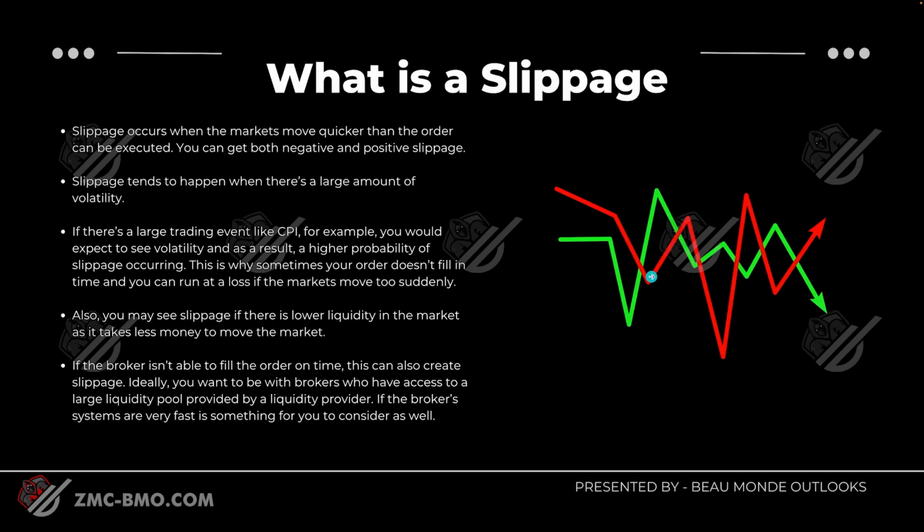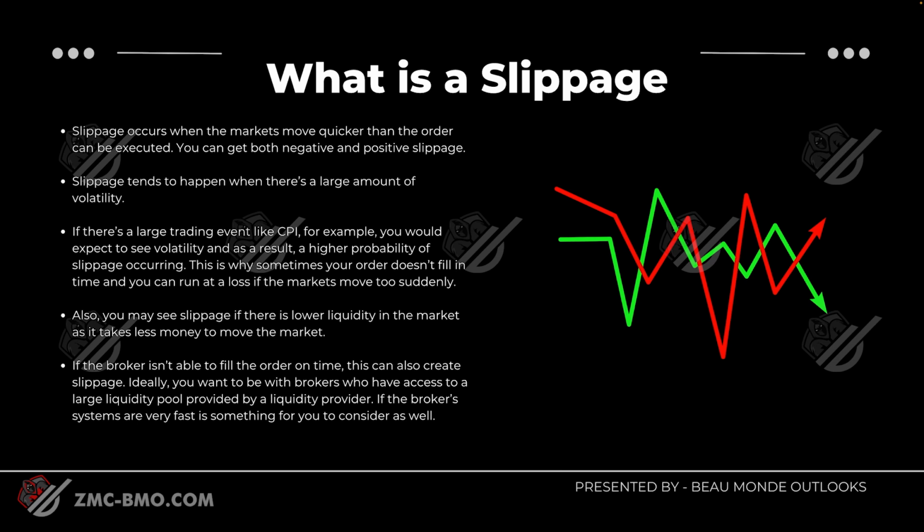So what is slippage? Slippage occurs when the markets move quicker than the order can be executed. You can have both negative and positive slippage, of course, depending on if you bought or sold. Slippage tends to happen when there are large amounts of volatility. If there's a large trading event like CPI, for example, you would expect to see volatility and, as a result, a higher probability of slippage occurring.